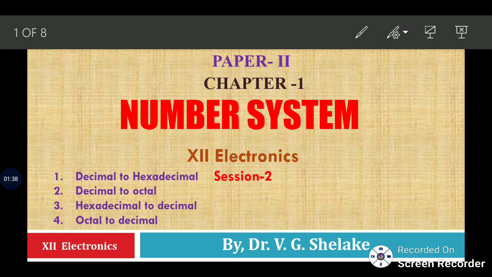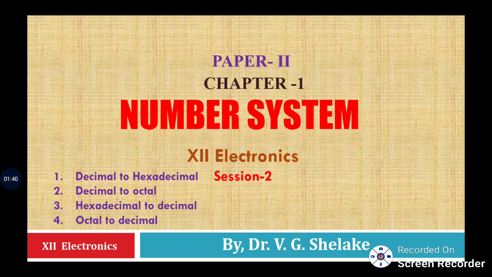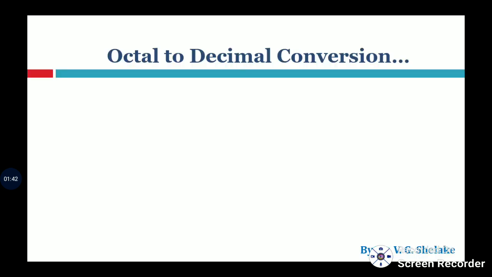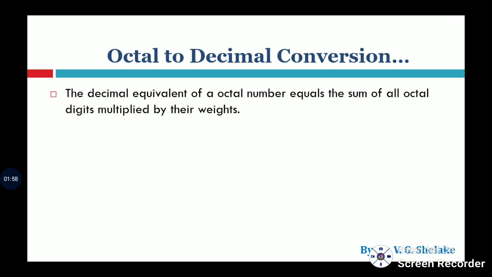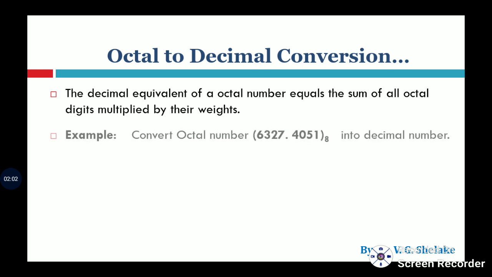So first we are going to discuss how to convert an octal number into its equivalent decimal number. Octal means base 8 number system, and the weight is defined by the position of the symbol. So it is a positional number system. So the decimal equivalent of an octal number is nothing but the addition of the weights of each digit.